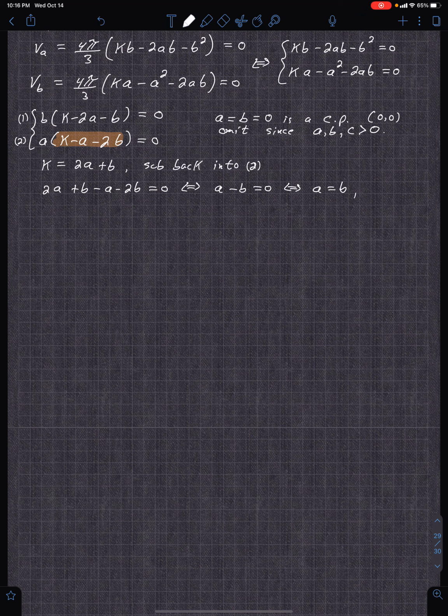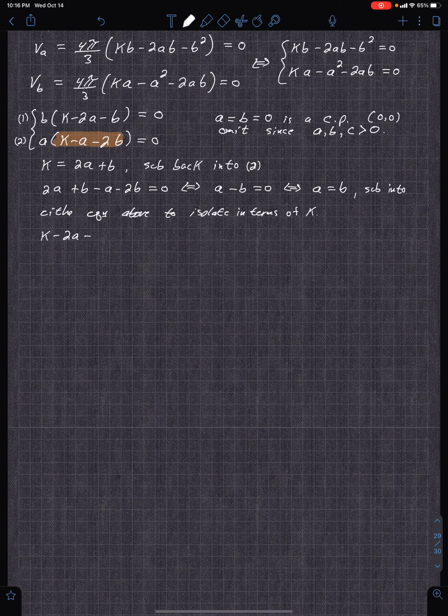Okay, so we can substitute into either equation above. Let me write out what I'm doing to isolate in terms of k. So we have k minus 2a.